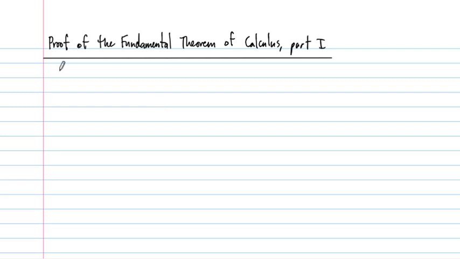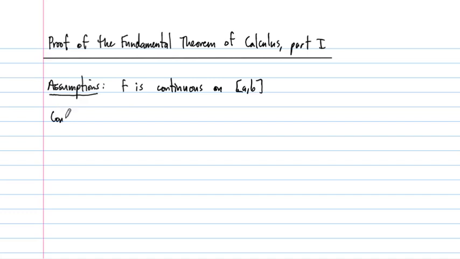So just like we did in the proof of the theorem for part 2, let's start by writing down our assumptions. Whoops, I have the wrong thing going here. So let's start by writing down our assumptions. All right, the only assumption for the fundamental theorem part 1 is that f is a continuous function on this interval from a to b.